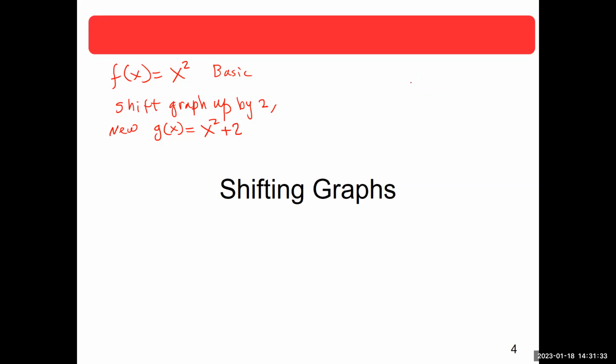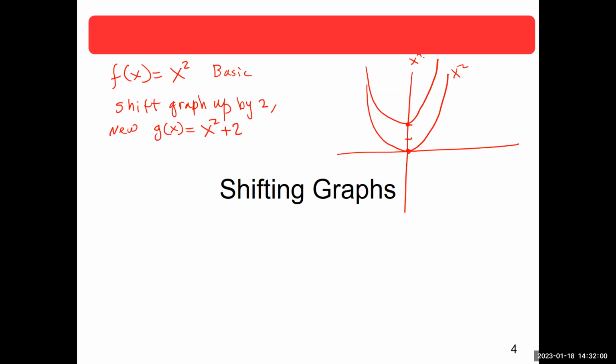If I have to plot this, this is the original. Going from 0, 0, this is the x squared. Now I'm going to shift it up by 2. So I'm going to move the vertex by 2. And this is a new location.